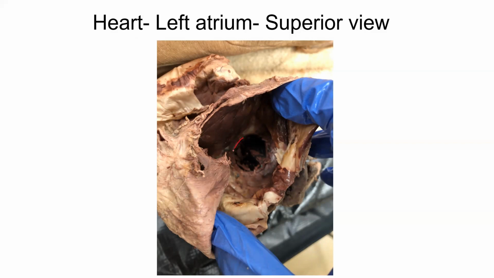So we've got the bicuspid valve. And what we're seeing here is a replaced bicuspid valve. This is a valve-like apparatus that has this flap-like opening here. That is a mechanical valve that is replacing the mitral or bicuspid valve on the left. And so this is the left atrium up here, and the left ventricle would be beneath this structure.